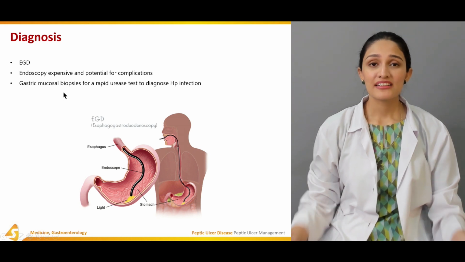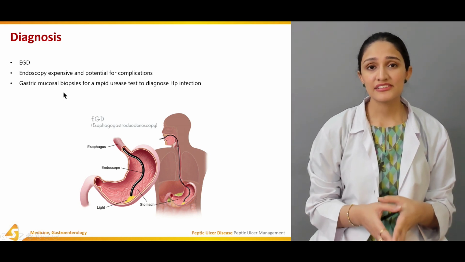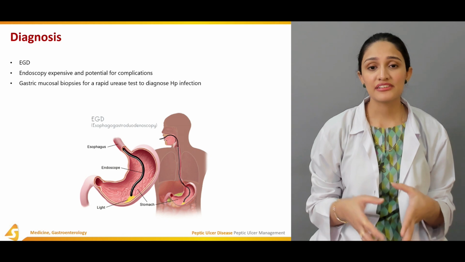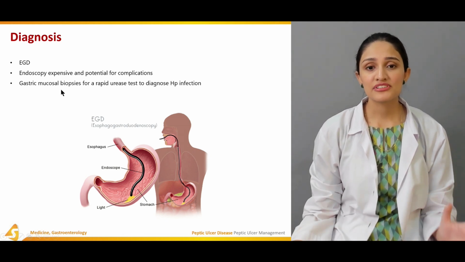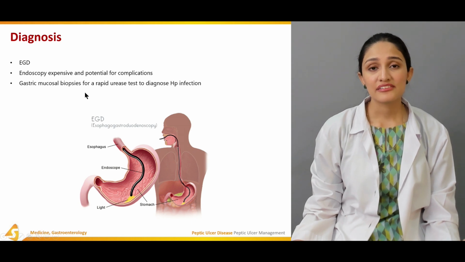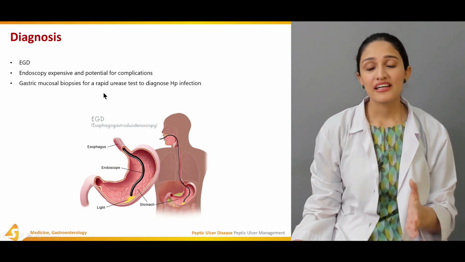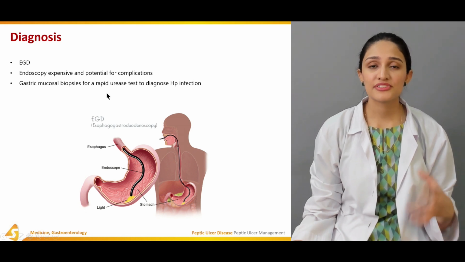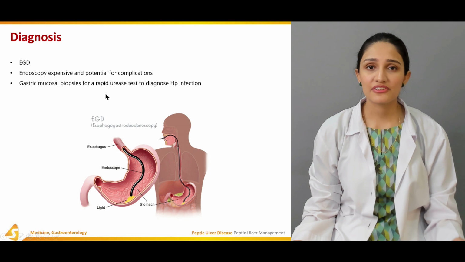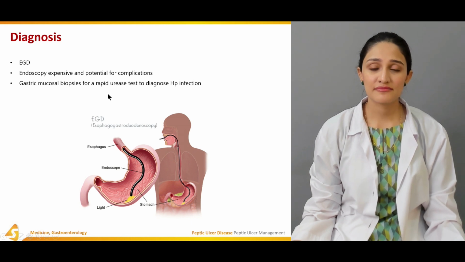So gastric ulcers or duodenal ulcers might occur, and with the help of gastric mucosal biopsies and a rapid urease test, it is very easy to diagnose a Helicobacter pylori infection, which is one of the major causes of peptic ulcer disease.